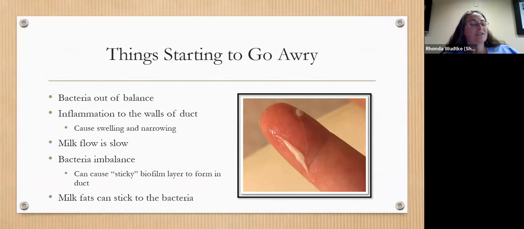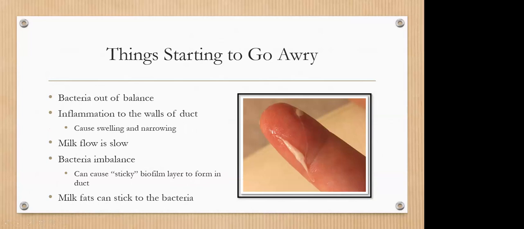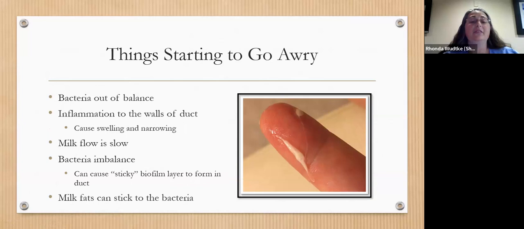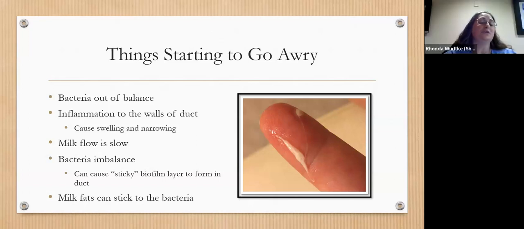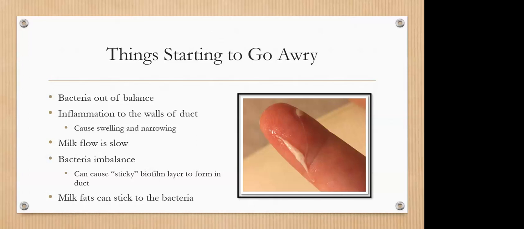But then things can start to go awry, okay? And so now we have bacteria that's starting to get out of balance, and there's inflammation to the walls of the duct, and that causes more swelling and more narrowing. And so now those spectators are starting to get in the way.